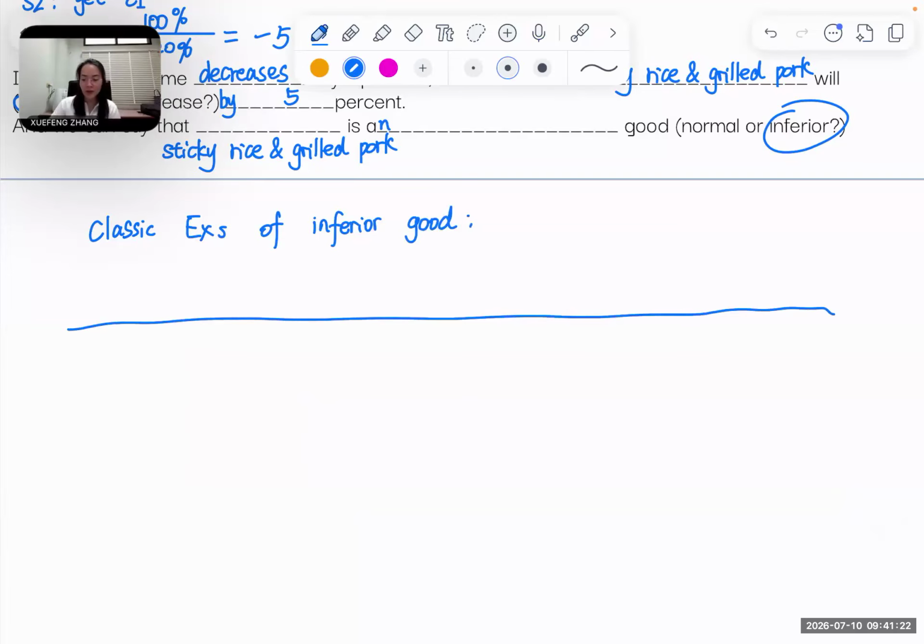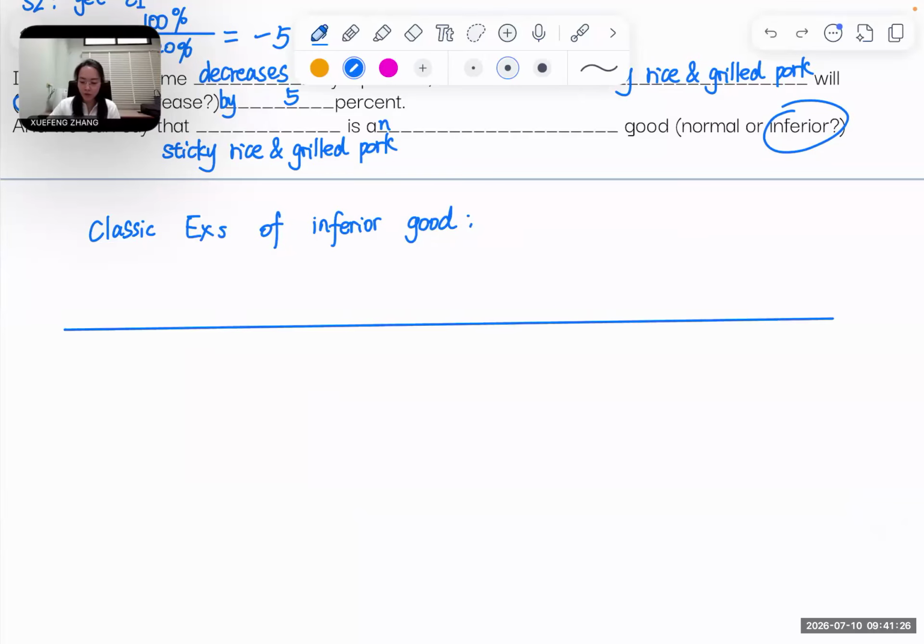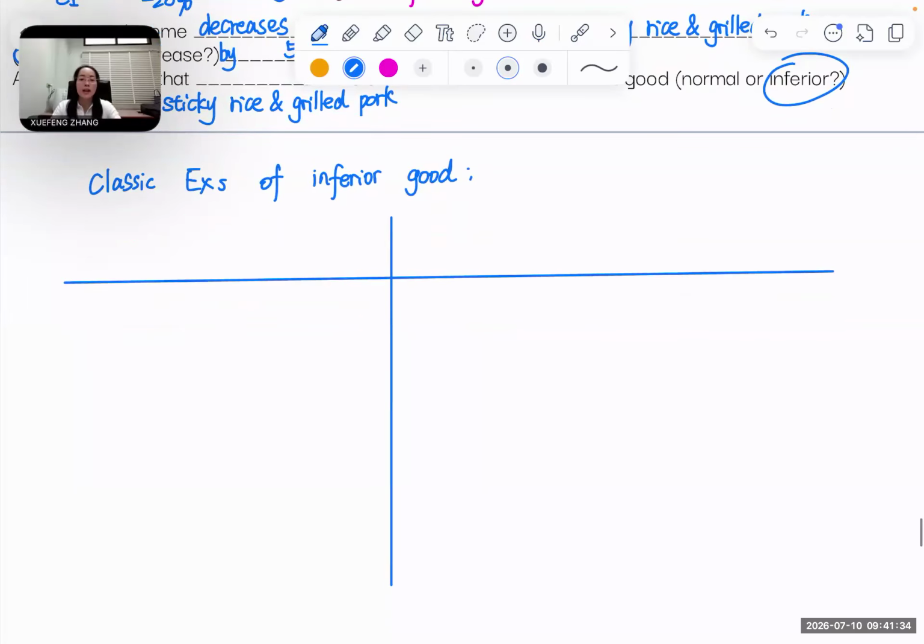Or you can think about yourself. What type of good for you is an inferior good? Of course, different people are going to have different opinions. So inferior good, and what people switch from when richer.